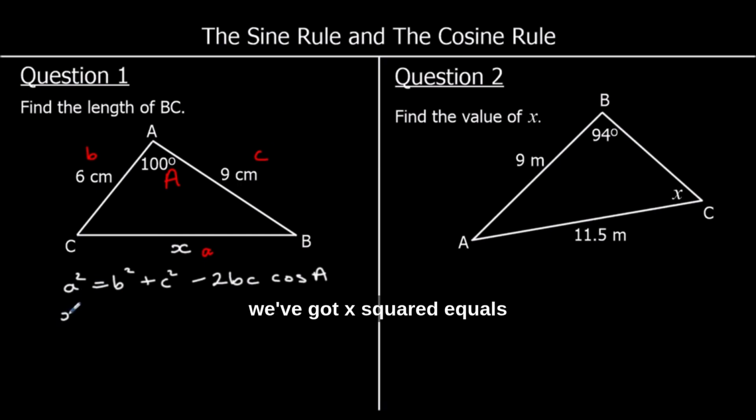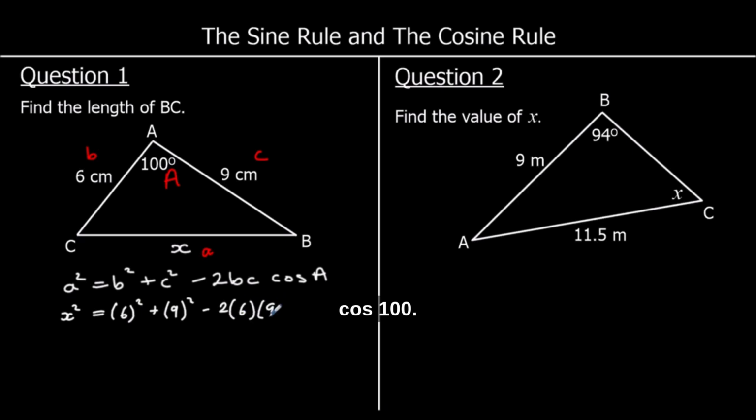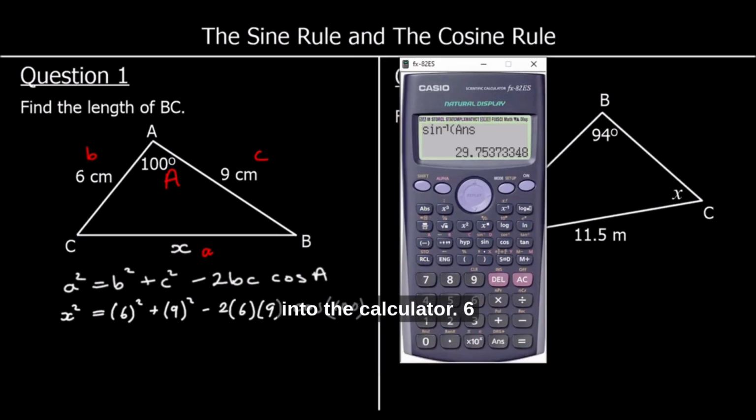So we've got x squared equals 6 squared plus 9 squared minus 2 times 6 times 9 cos 100. So let's write the whole right side into the calculator. 6 squared plus 9 squared minus 2 times 6 times 9 cos 100.